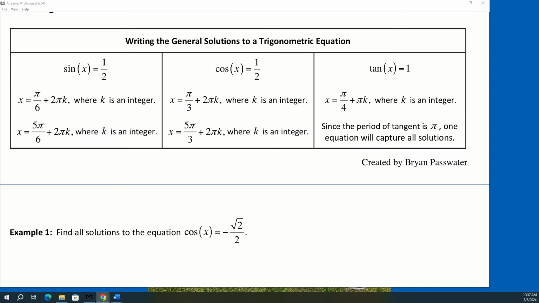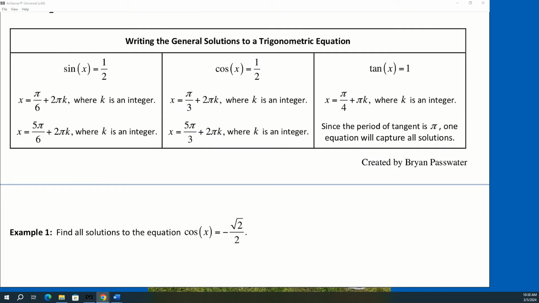And then tangent's different. Why is tangent different? The period of the parent tangent function is pi. And so you only have to use the top semicircle of the unit circle to get the tangent answers. And then instead of adding 2 pi k, you add pi k. Because these angles just repeat again down here for tangent.